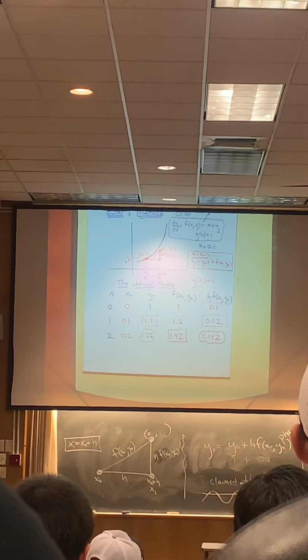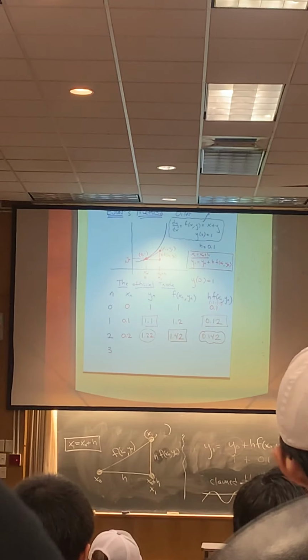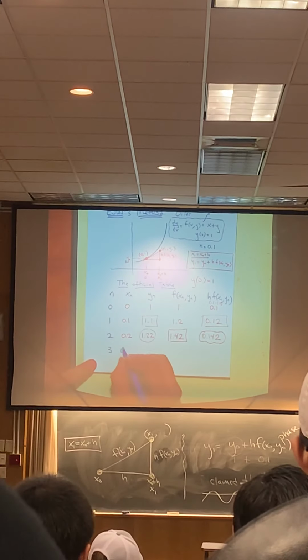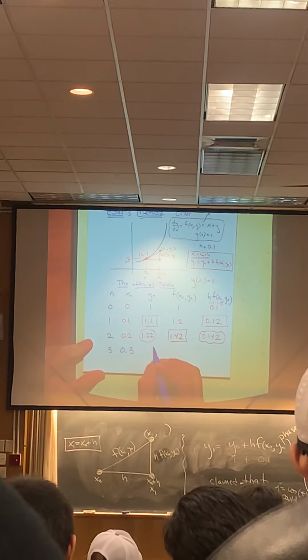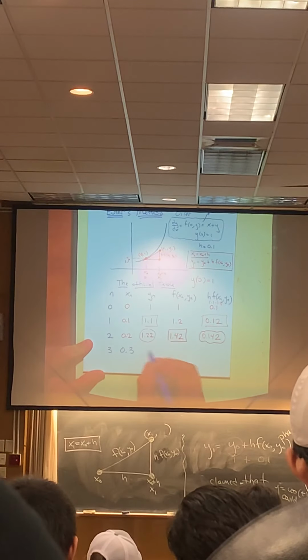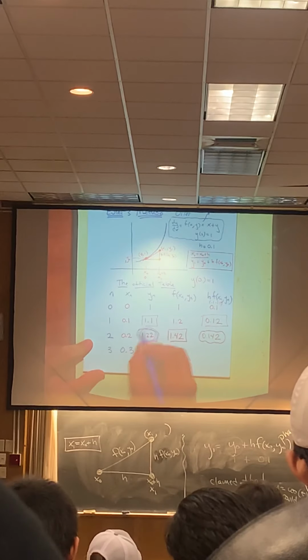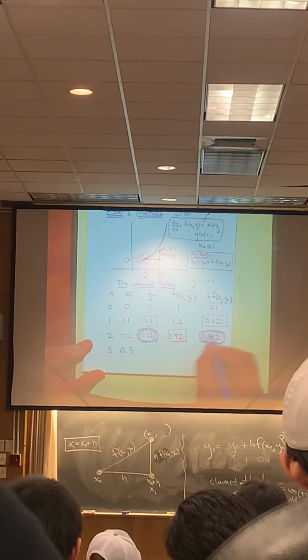If I were to go another line, which I will not ask, just for fun, you know that this is going to be a 0.3, and then y_{n+1} will be the sum of this guy and that guy right there.